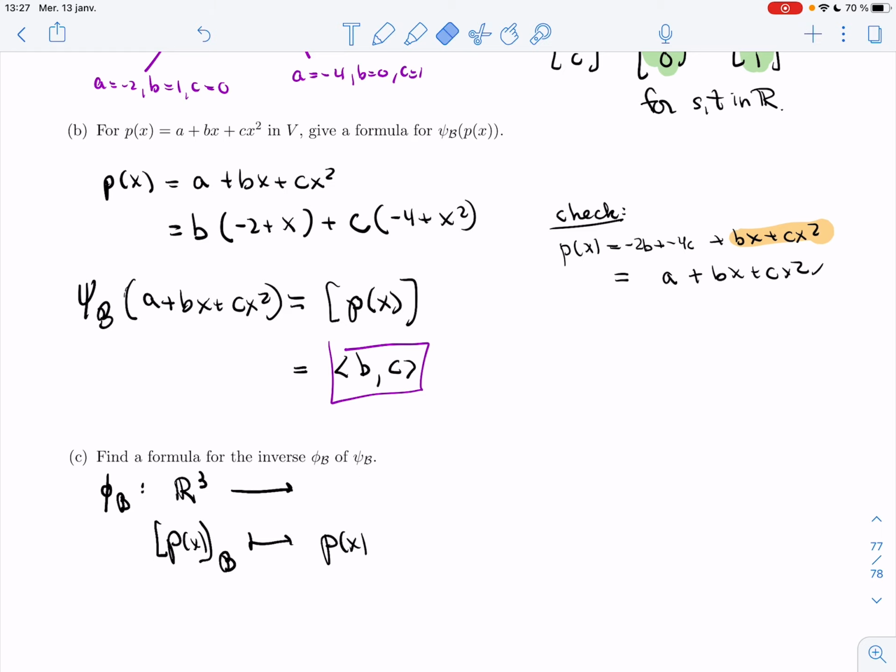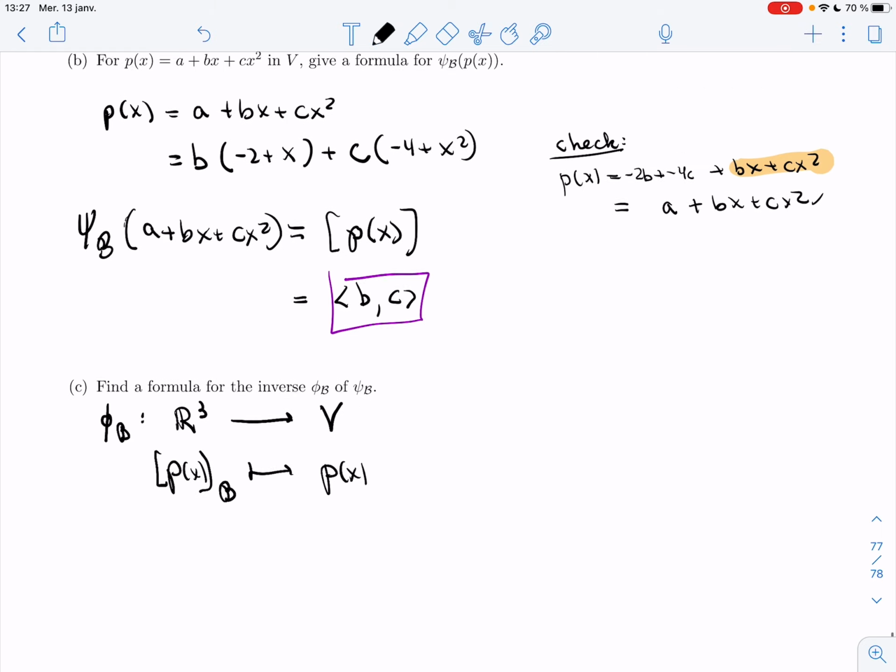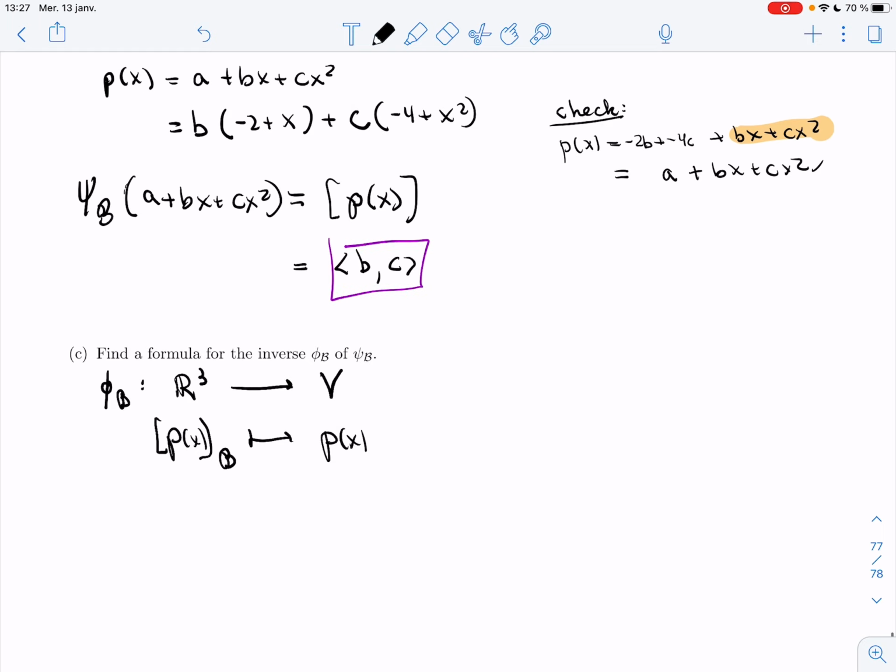I'm sorry, I wrote P of x, but I mean V. All right, so if I have, let's call them, not x, x is bad. I don't want to put b and c because it's kind of giving it away, so I'll put d and e.